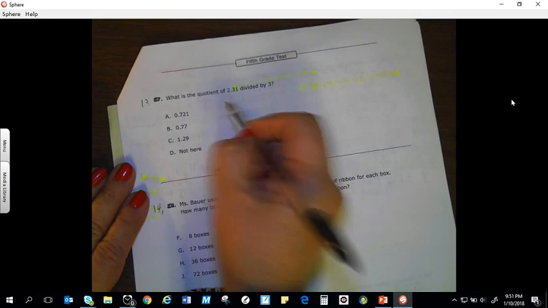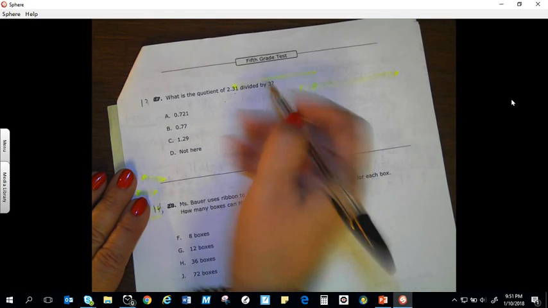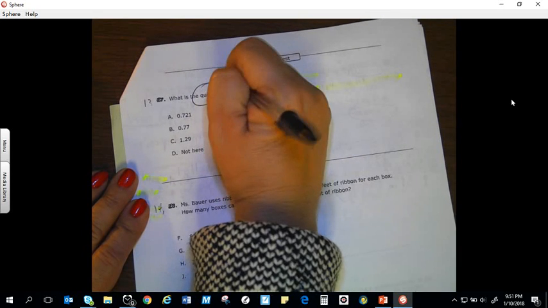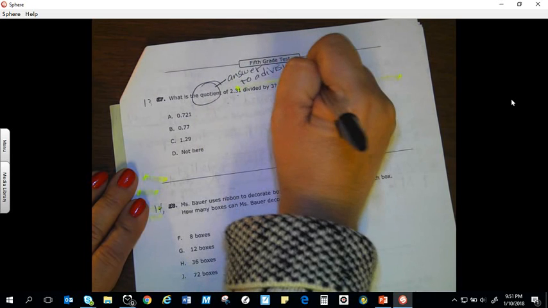Number 13. What is the quotient of 2 and 31/100 divided by 3? And you're going to see that quotient, again, is the answer to a division problem. Okay, this is straightforward.